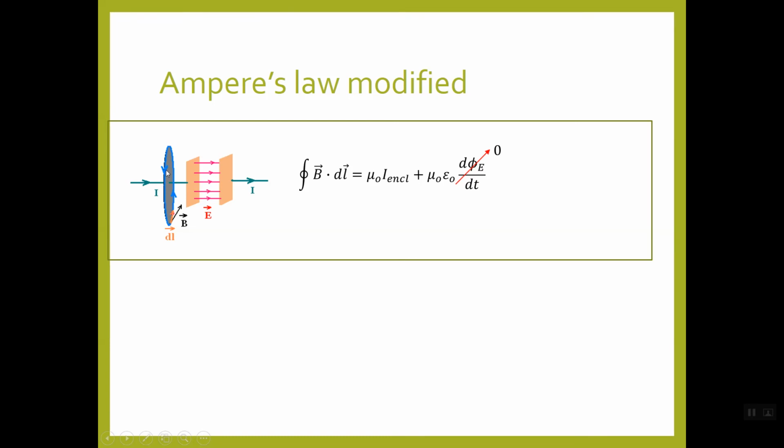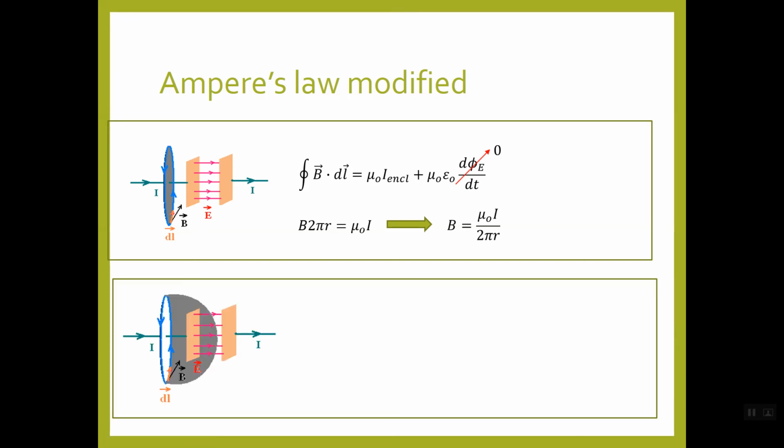There is no changing electric flux in this surface, but there is an I enclosed. It's just equal to I. So we get B is equal to mu naught I over 2 pi r. That's what we should expect for the B field around a current carrying wire.